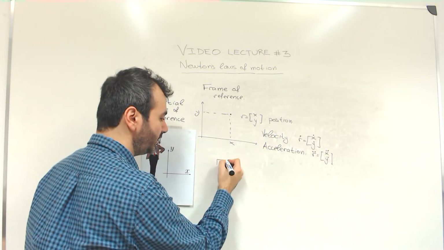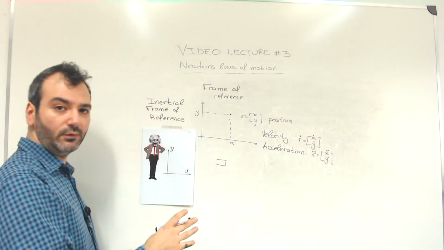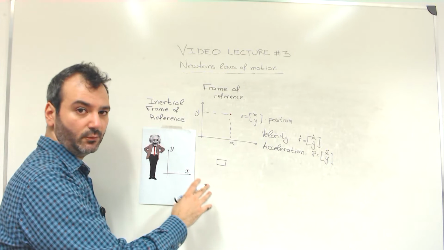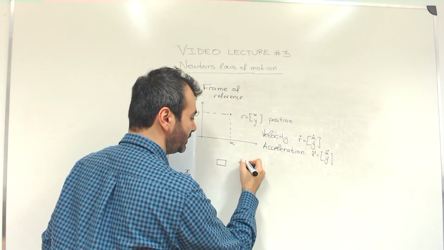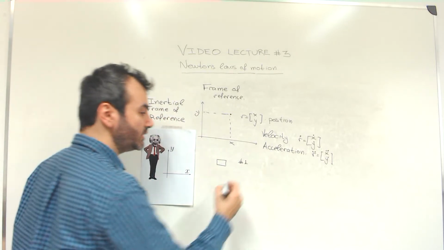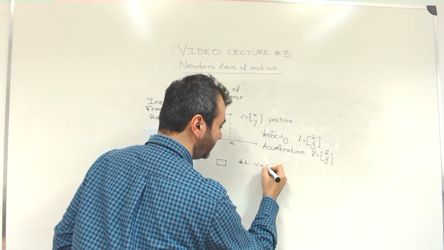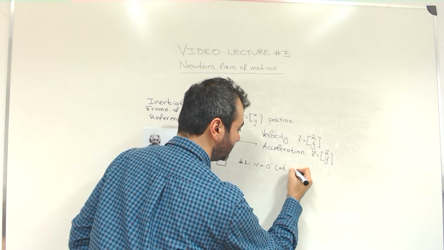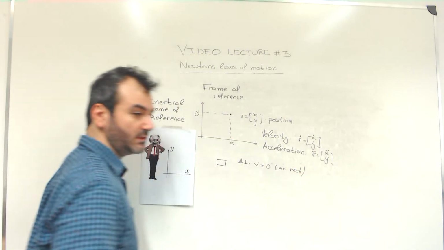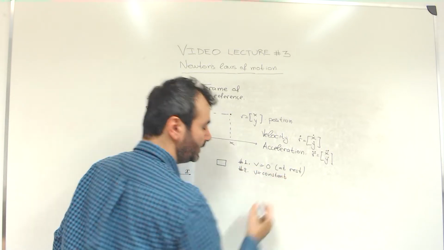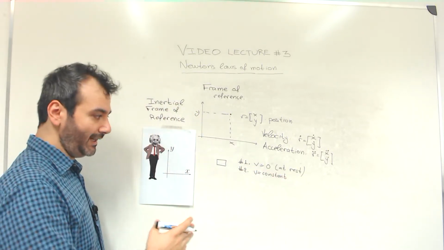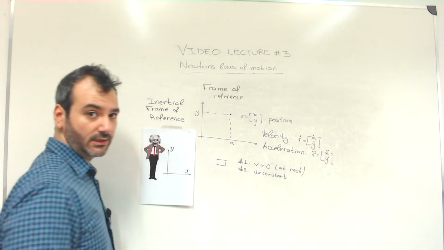If you have an object, it will remain where it is, it will have zero velocity. So this object has, in an inertial frame of reference, two options. The first one is to remain where it is, to remain at rest with a zero velocity, or to move on a line with a constant velocity.